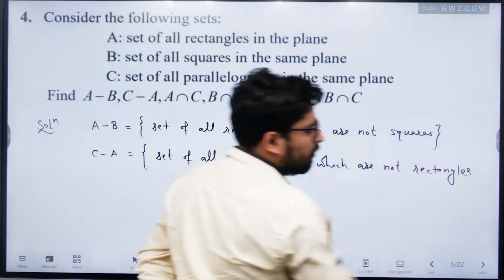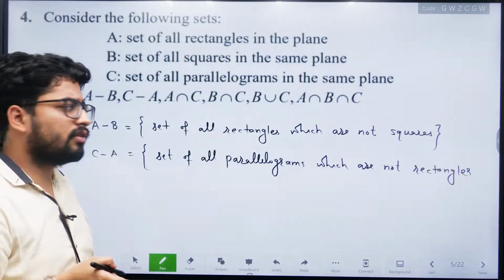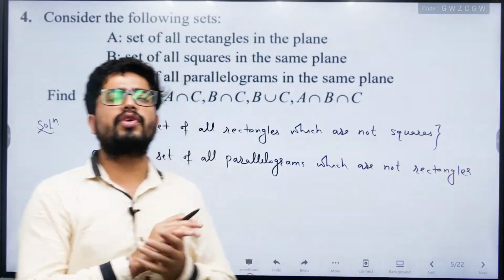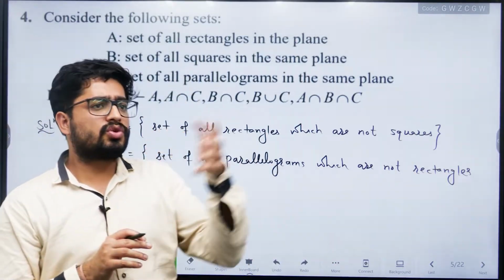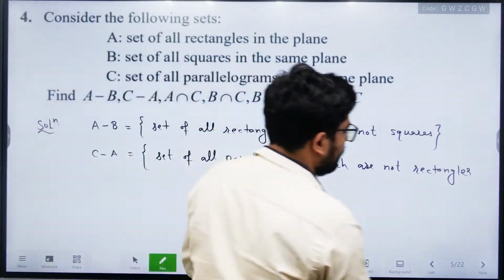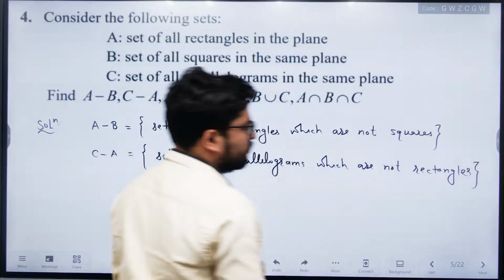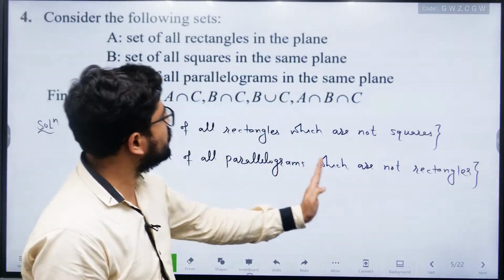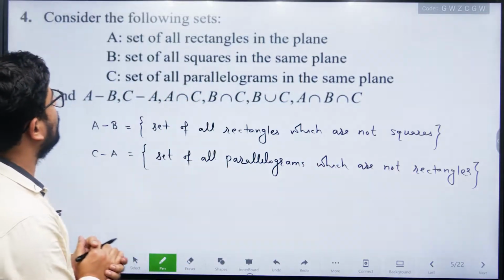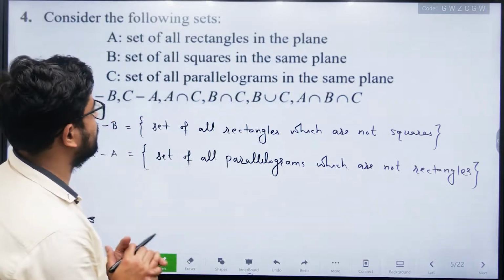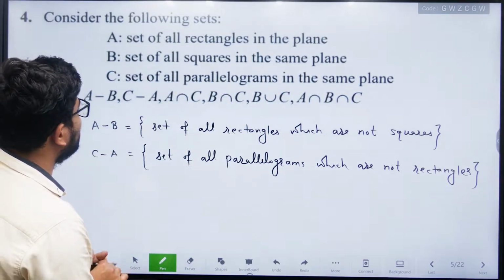Okay, or which are not squares, you can say. Again, which are not rectangles or squares, but we know that squares are rectangles. Yes, every square is a rectangle, but the converse is not true. So here you can say C minus A means the collection of all parallelograms which are not rectangles. Got it? That is C minus A. Got it?